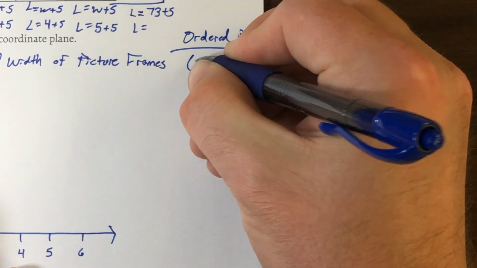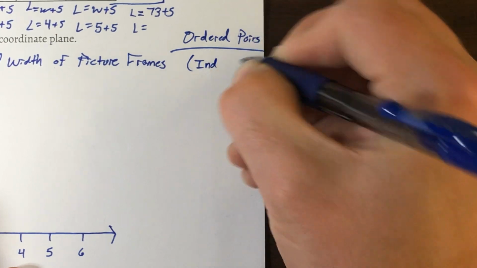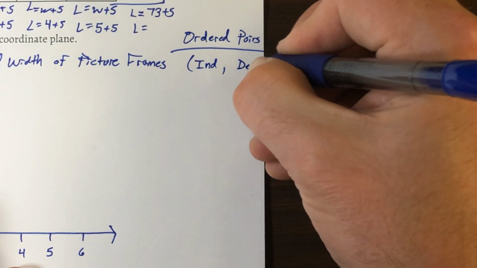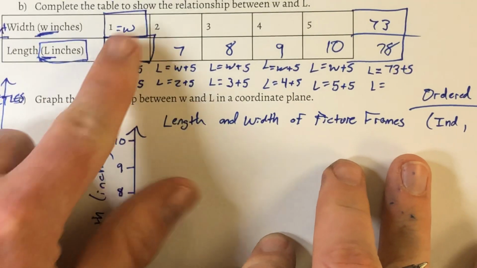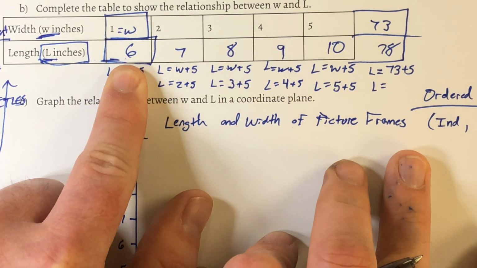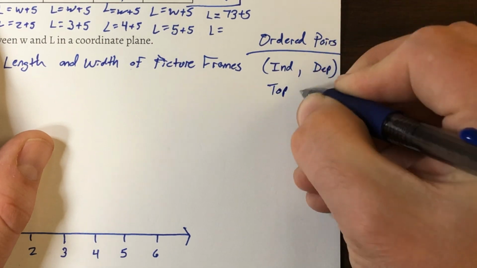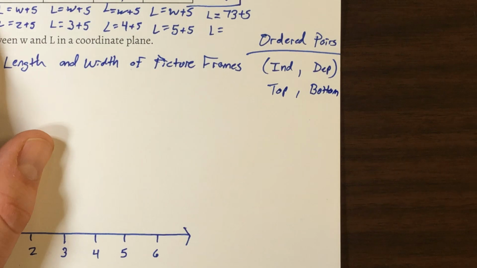So order matters. The first number in your ordered pair of numbers is going to be your independent variable. The second number will be your dependent variable. In other words, I want the top number first and the bottom number second. So you could also, again, look at it as the top number on your chart and then the bottom number on your chart.